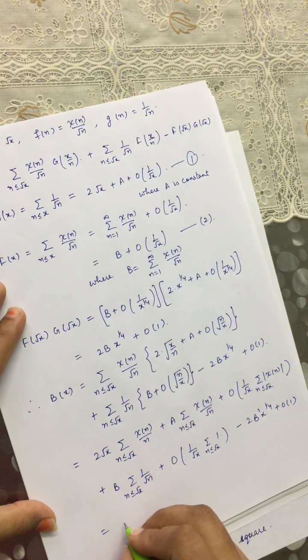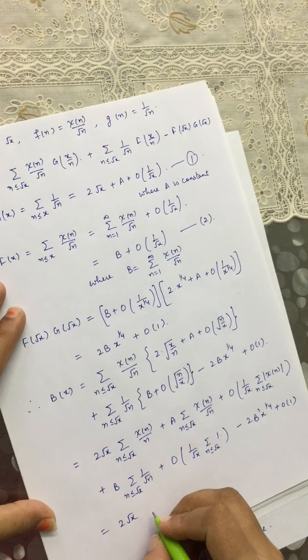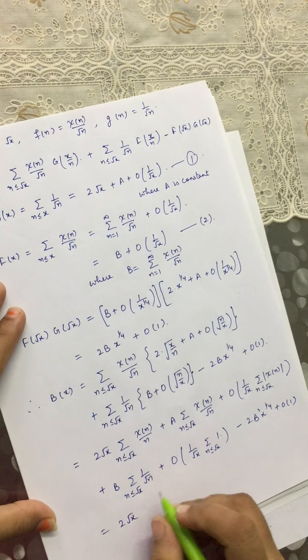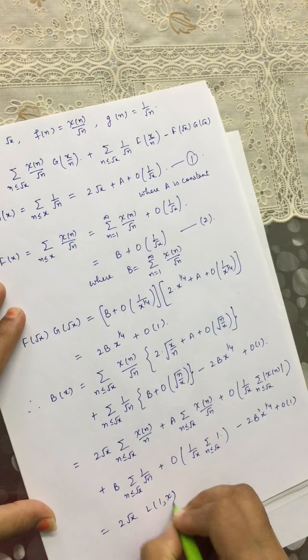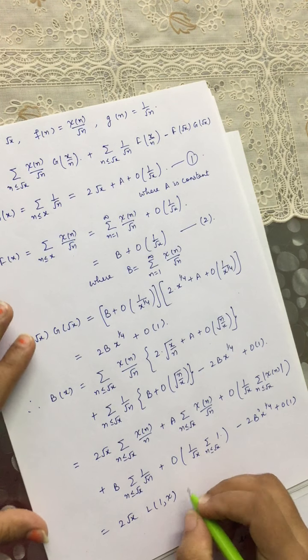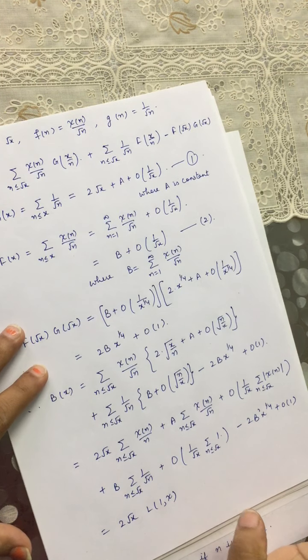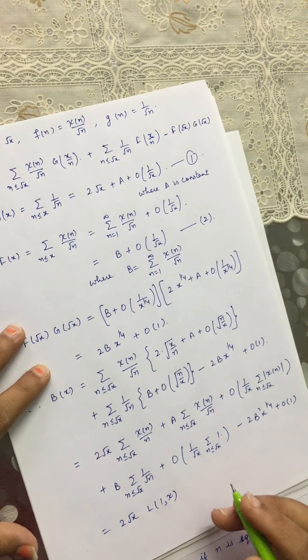So this first term is 2 root x times L1 of chi, and all the rest of the terms can be included in order of 1.